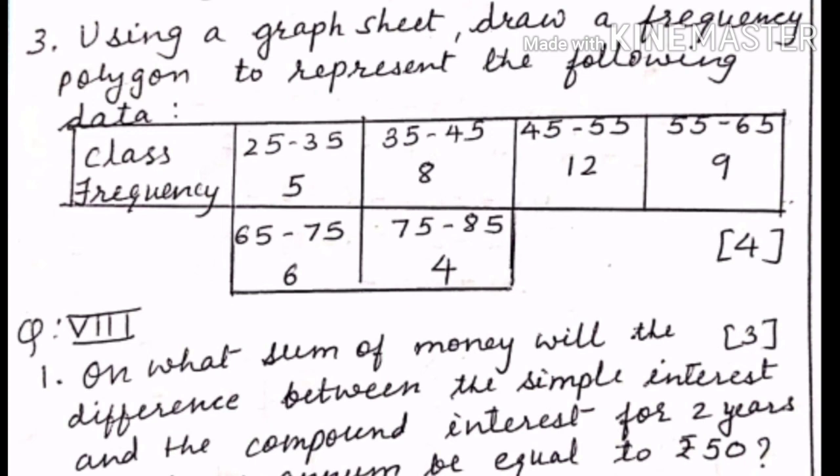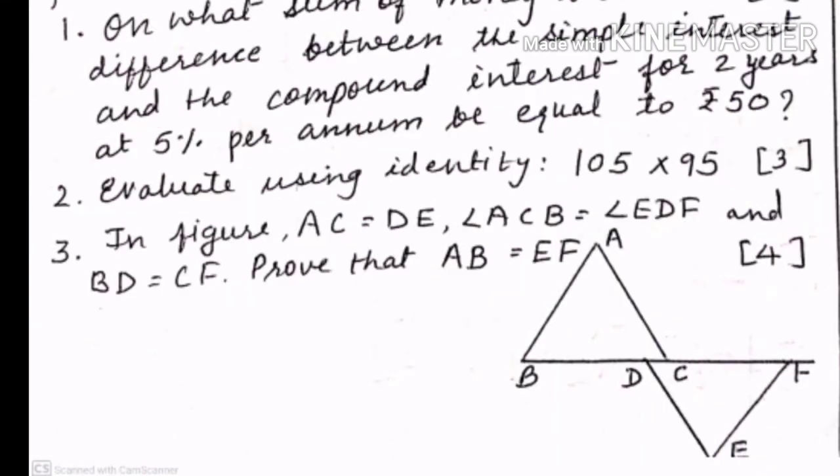The time period is given as 2 years and the rate is 5%, and the difference is given as rupees 50. So using all this data you will take SI and then CI, their difference is equal to 50, and then you have to solve the equation accordingly to get your principal value.